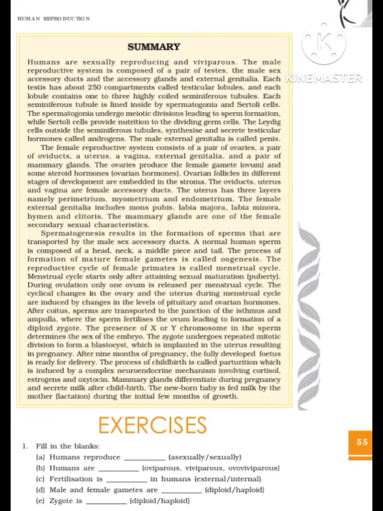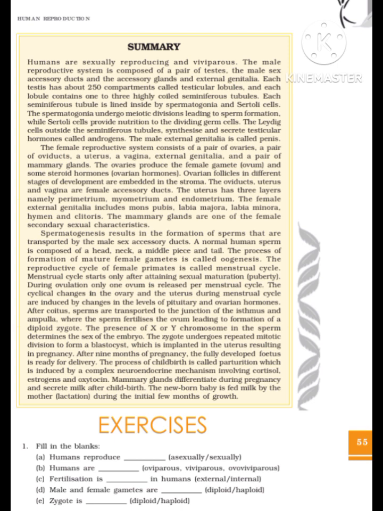Human reproduction summary. Humans are sexually reproducing and viviparous. The male reproductive system is composed of a pair of testes, the male sex accessory ducts and the accessory glands and external genitalia. Each testis has about 250 compartments called testicular lobules, and each lobule contains 1 to 3 highly coiled seminiferous tubules.